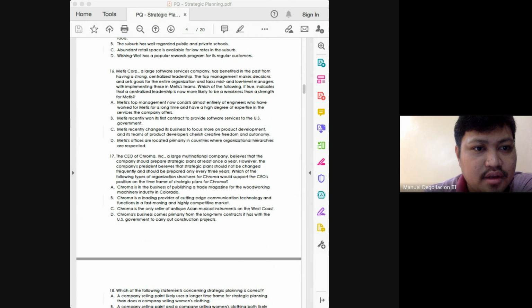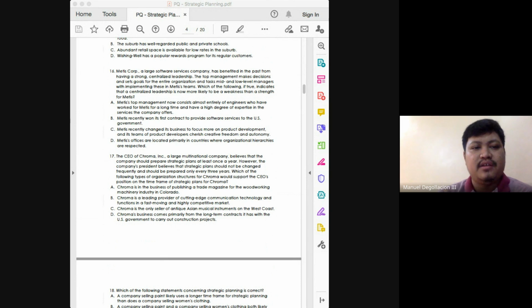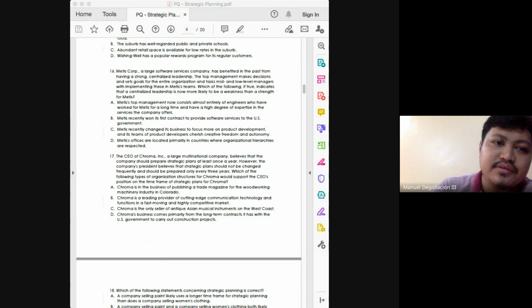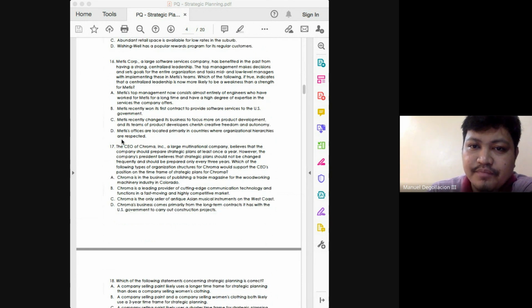Letter B, the company recently won its first contract to provide software services to the US government. It has very little to do with the centralized leadership issue. The offices are located primarily in countries where organizational hierarchies are respected. If this was the case, then it's better to have a strong centralized leadership. So in that case, centralized leadership will continue to be a strength, and that is not what we are looking for. So again, the answer to number 16 is letter C.